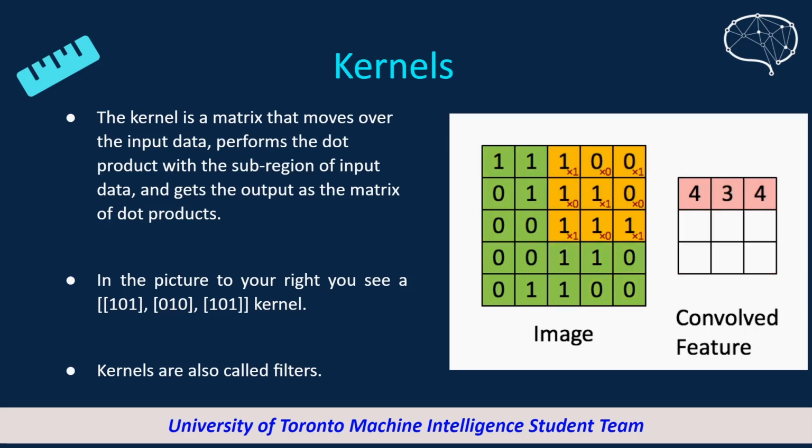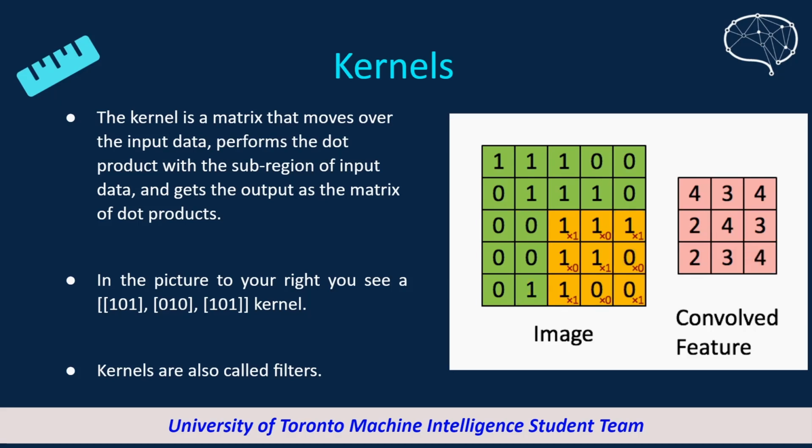In the picture to your right, you can see the yellow kernel with elements 101, 010, 101 being applied to the image matrix, and the resultant matrix is being filled to your right in red. These kernels are also called filters, and I'm sure that you have used filters before.